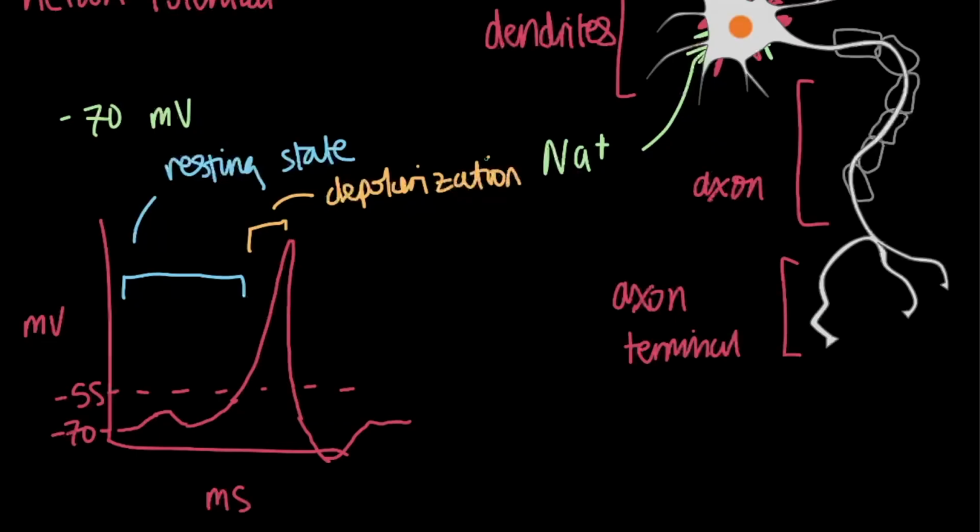Which is then followed by, since the polarity is getting larger, it's getting more negative, we'd call it hyperpolarization. Let's do, I don't know what color that is, but do that. And then there's some more depolarization here.